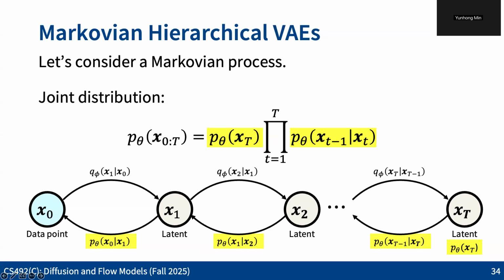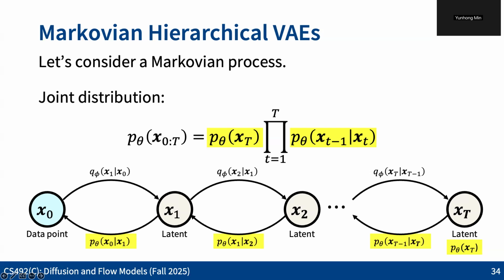The sampling of x t minus 1 will only depend on xt, not on any of the previous steps. Which means the generation process can be modeled like this: we sample from x capital T first, and then we take the product of all the transition distributions from all the intermediate steps to determine the probability for the output, x0. Make sense?